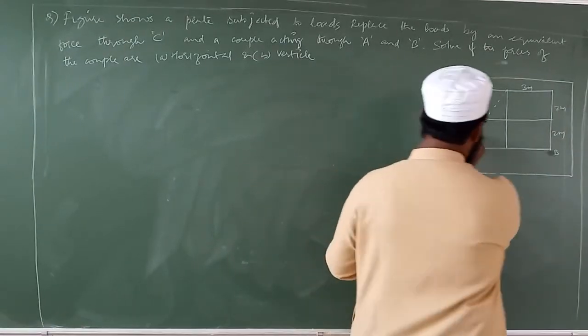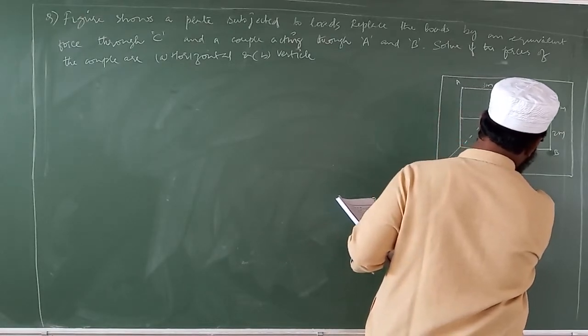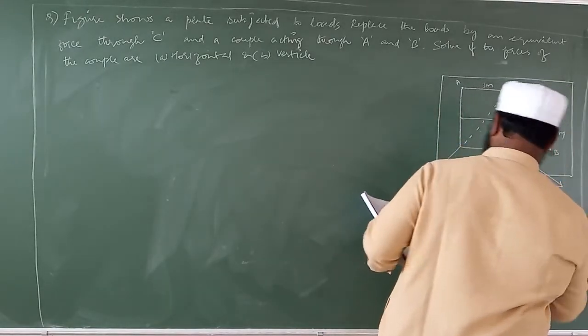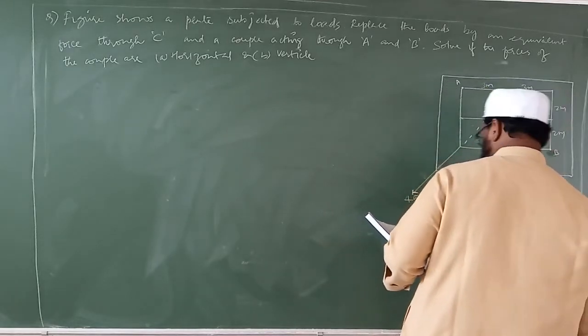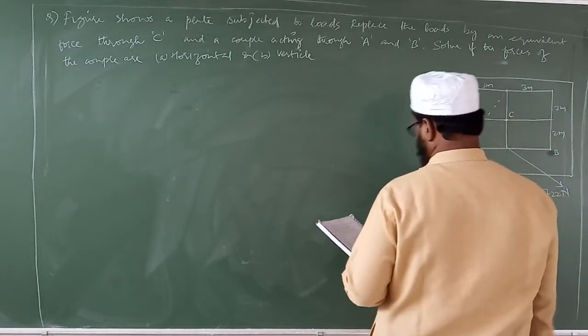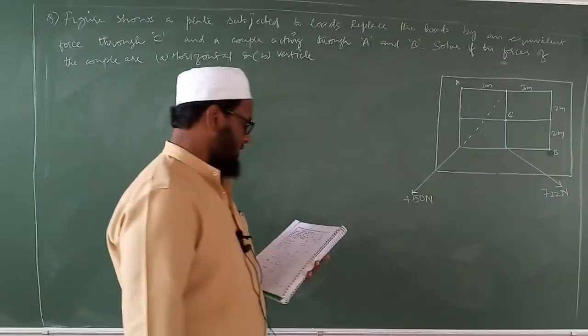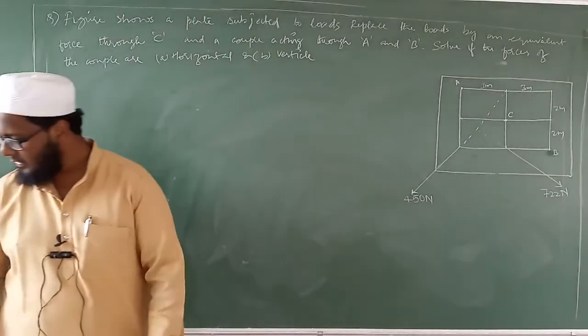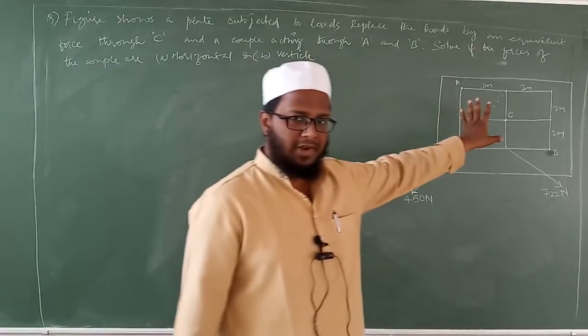And one more force is passing through this point, and the magnitude of that force is 720 newtons. And this is point C and this point is B. All the things are given in the question. So these are the forces acting on this particular plate.